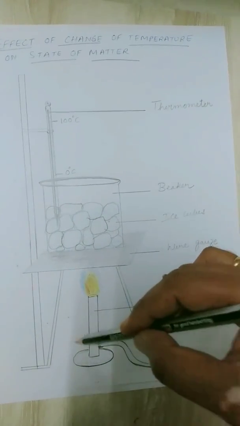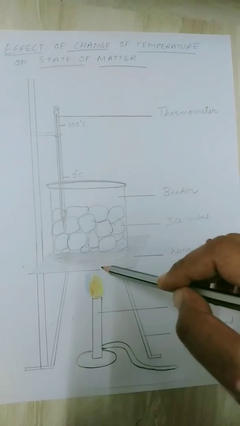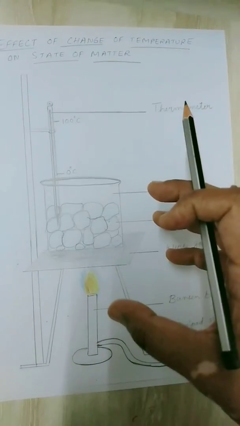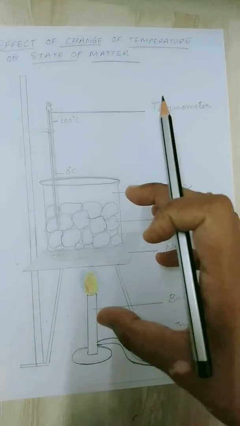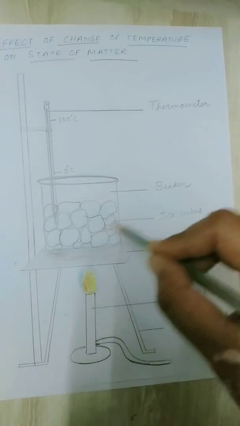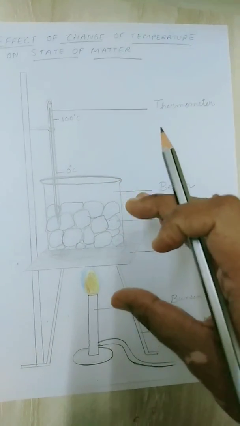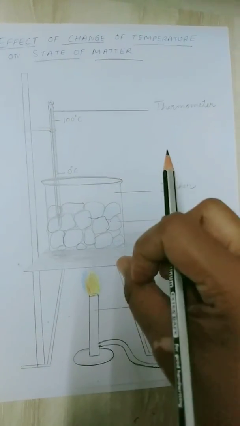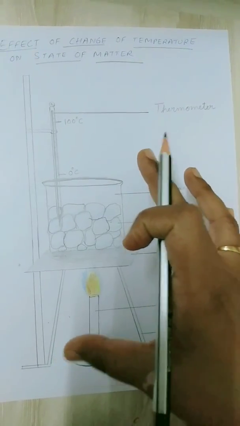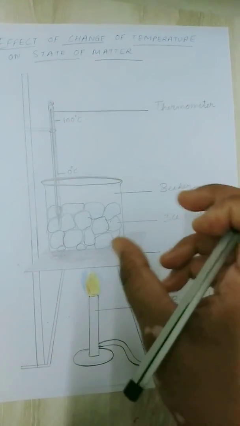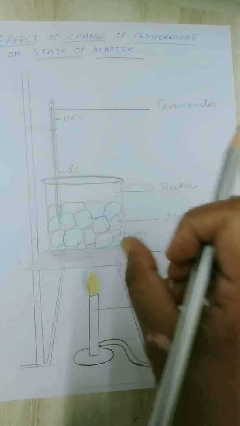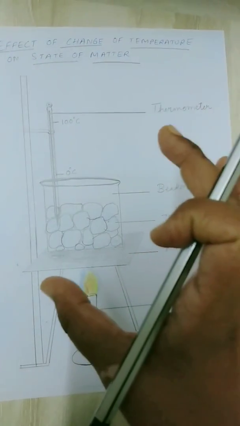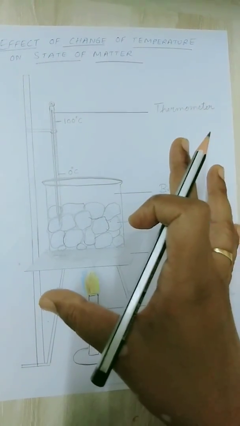As the temperature increases, the intermolecular or interparticular force of attraction between the particles reduces, and the particles get detached and begin to vibrate and also begin to move away from each other freely.